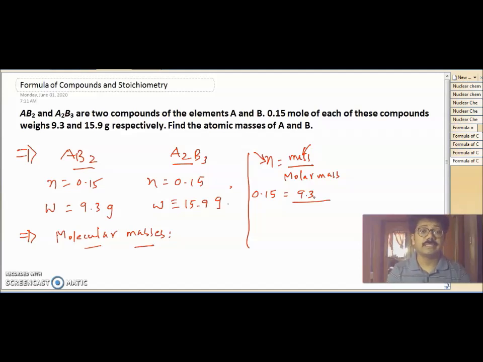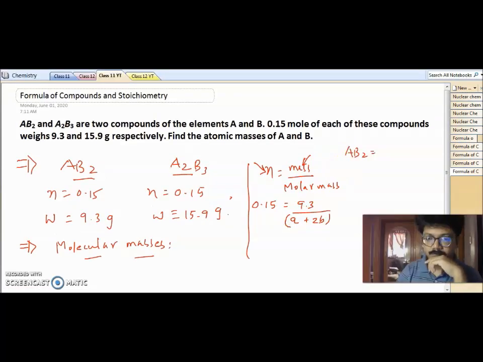Let's go for an assumption. If the number of atoms of A in AB2 is only 1, and I assume its atomic mass as A, and the number of atoms of B is 2 and its atomic mass is B, then A plus 2B will be the molecular mass of AB2.